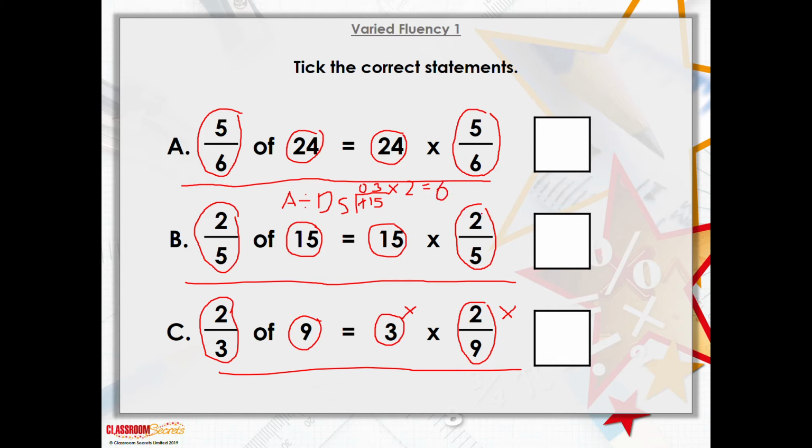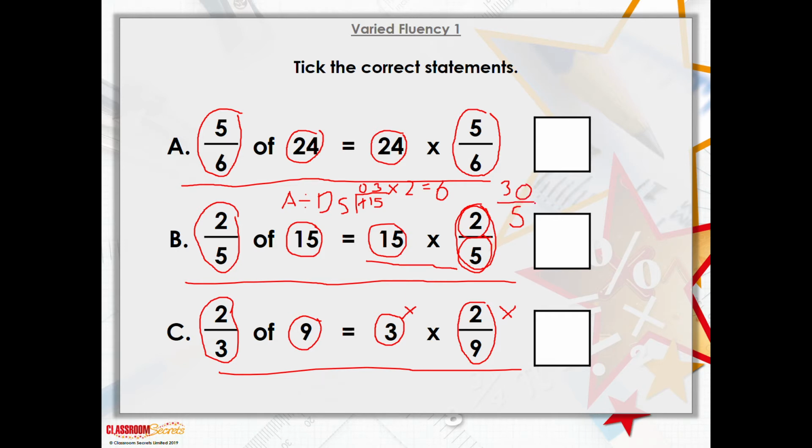Now I'm going to have a look at the second part of my question. And it's 15 times by 2/5. Now remember, when we're multiplying by a whole number, we were doing this last week, we keep our denominator, which is fifths, or 5, the same. And we multiply the numerator. So 15 twos, or 2 15s, is 30. So we've actually got 30 fifths altogether.